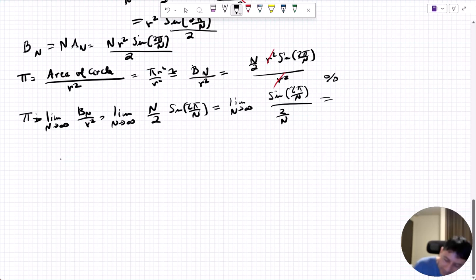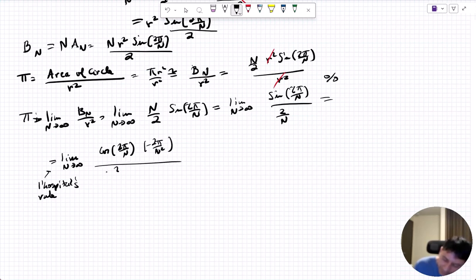So we calculate the derivative of the numerator. This is by L'Hopital's rule. It's going to be cosine of 2 pi over capital N times minus 2 pi over n squared, divided by minus 2 over n squared.